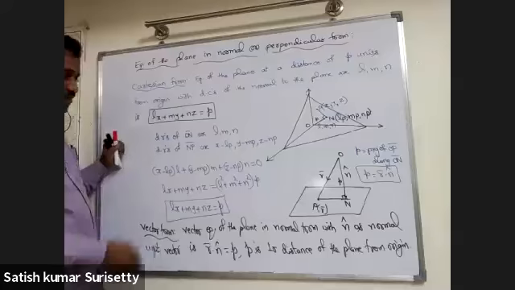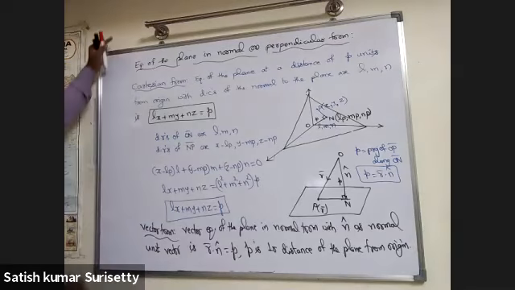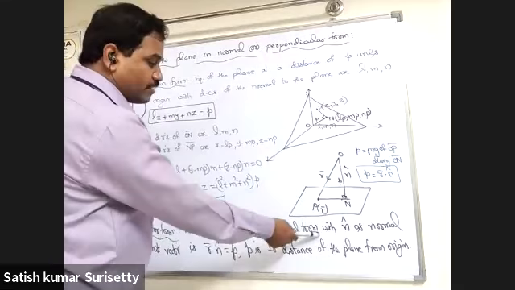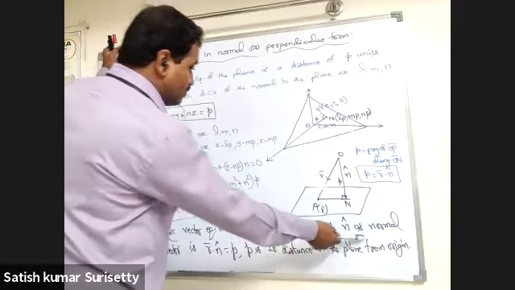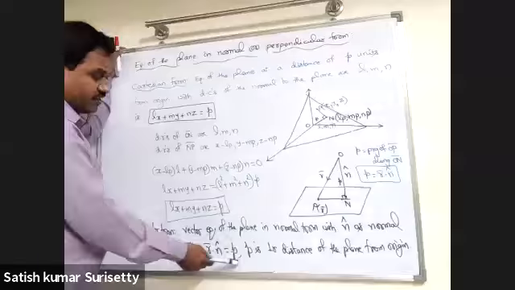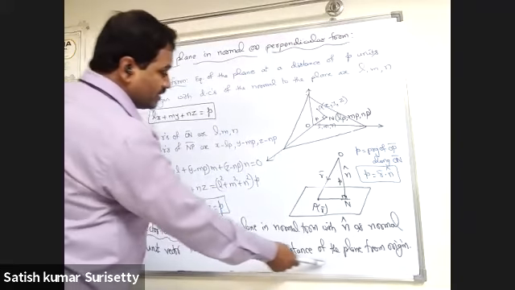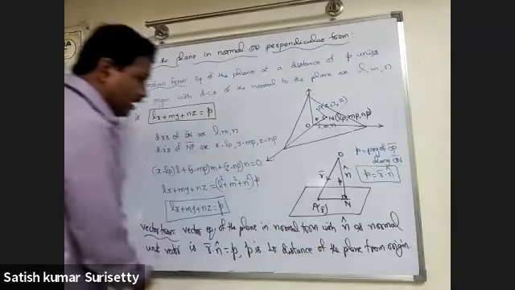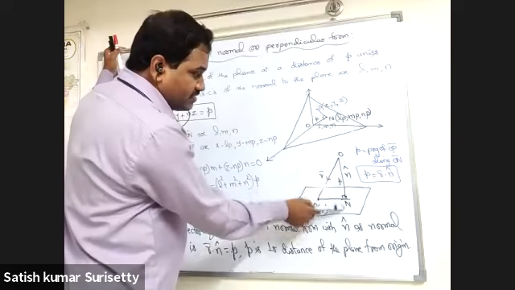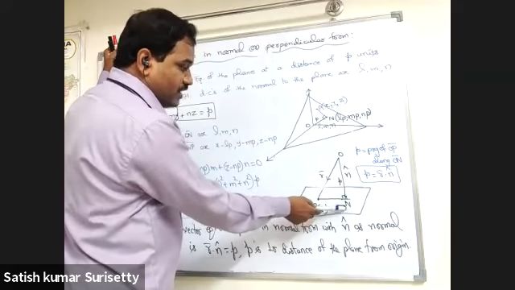Now, in exactly the same manner, the vector form. The vector equation of the plane in normal form or perpendicular form, with n cap as the normal unit vector, is r bar dot n cap equal to p, where p is the perpendicular distance of the plane from the origin. So from the origin at a distance of p units, N is the foot of the perpendicular.